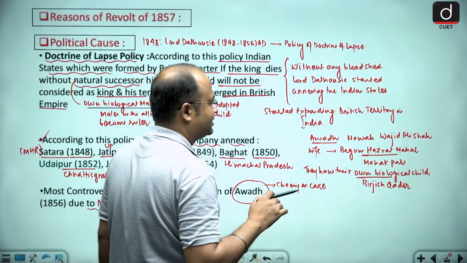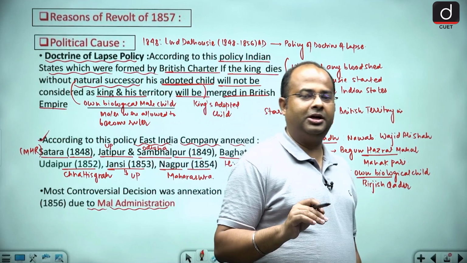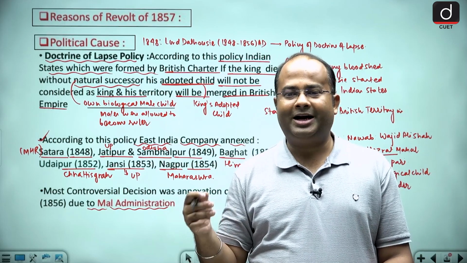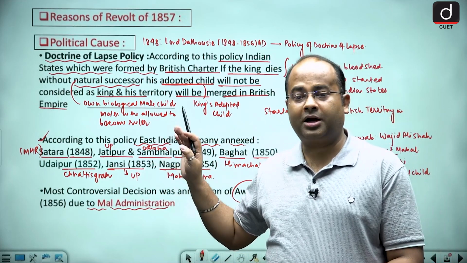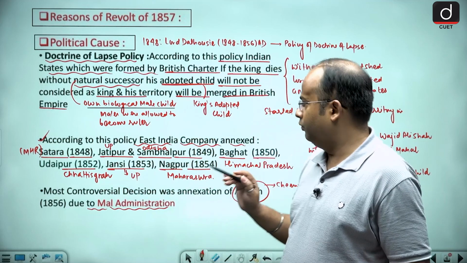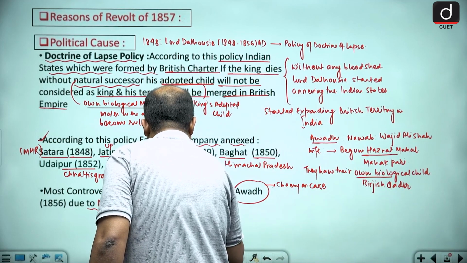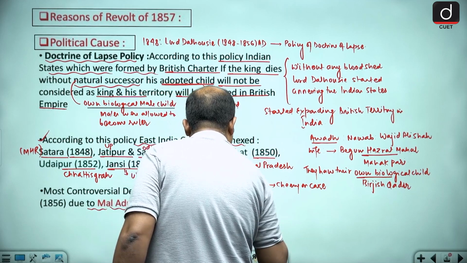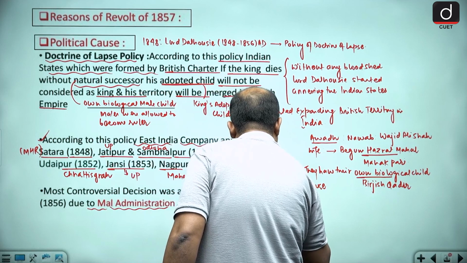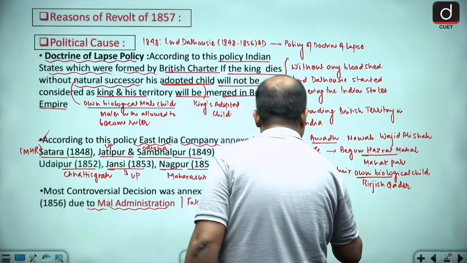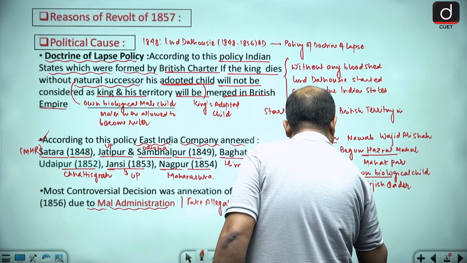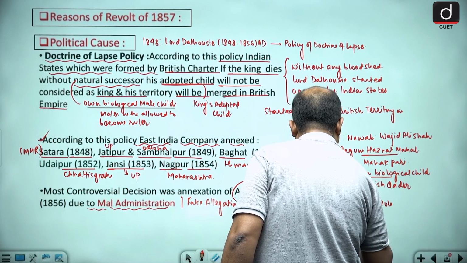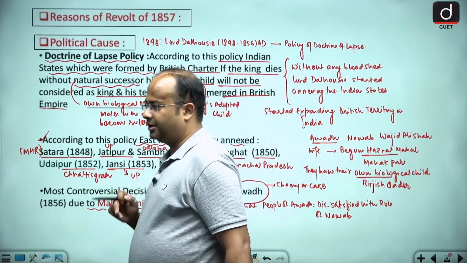They started an allegation on Nawab Wajid Ali Shah that the people of Awadh are dissatisfied with the rule of the Nawab, and they wanted the British East India Company to take charge of administration.